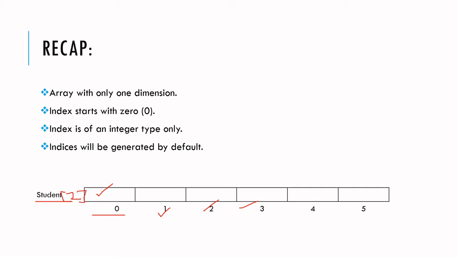In such a way I have to do it. And another thing: how many cells are here? Here we have 6 cells, because the index starts from 0 and ends with 5, so 6 cells are available. Here we have only one dimension, so it is called a one-dimensional array.